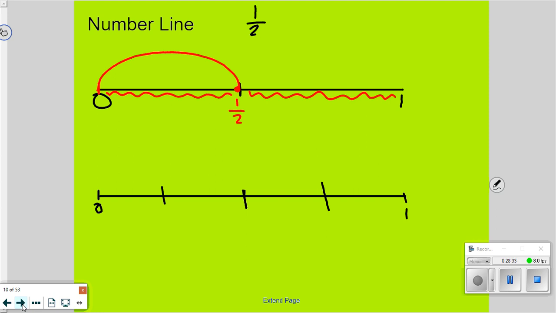All right, count fourths with me. Ready? 1, 2, 3, 4. Are you noticing that I'm not counting the lines? What am I counting? Colby?